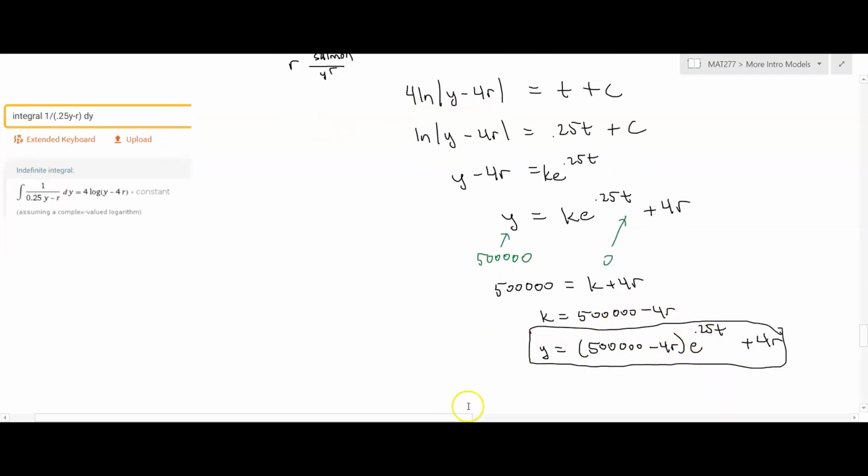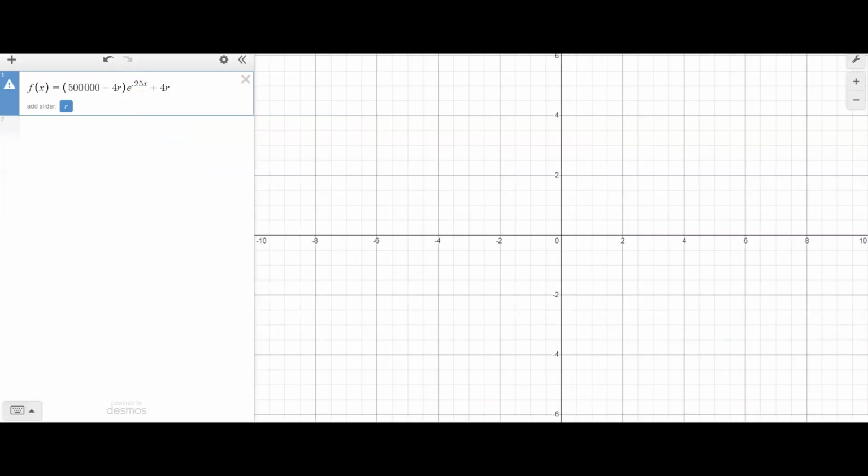Let's take a look at this in Desmos. Here we go, I've got that model in there. It's asking me if I want to insert a slider for R, which I will do. I know that I can't fish fewer than 0, and maybe I'll start off by going up to 500, and we'll see where that leads us.